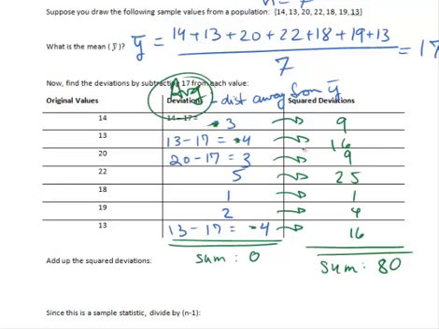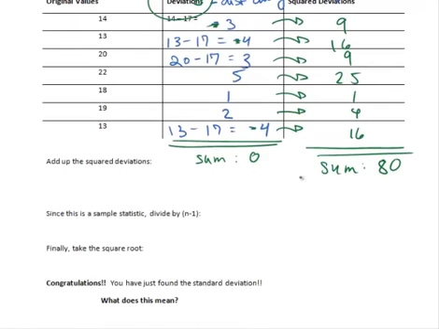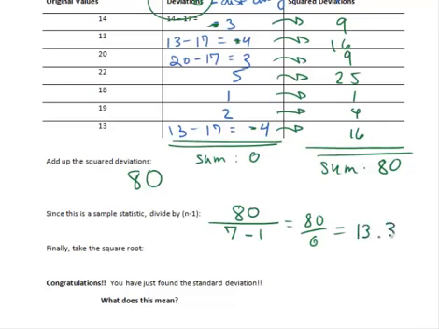This number we could divide by 7 and we could get an average deviation or an average distance away. So adding up the square deviations, that's our 80. We then take this number and we divide it by n minus 1. In our case, we had 7 data points minus 1. So 80 divided by 6, which gives you 13.3, repeating.